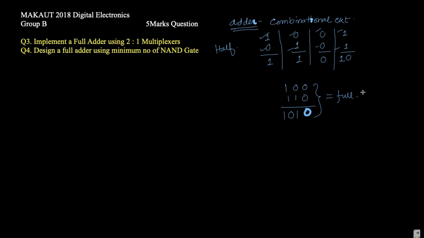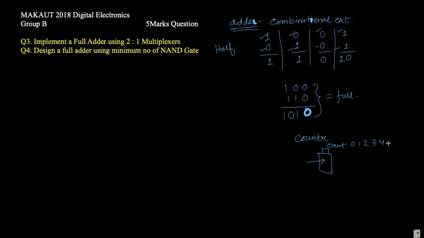Now, what is a sequential circuit? A sequential circuit is one where the output depends on the previous output also. For example, there is a counter at a gate, and the counter counts something. If somebody enters through this gate, the counter goes from 0 to 1, then 1 to 2, then 2 to 3, then 3 to 4.